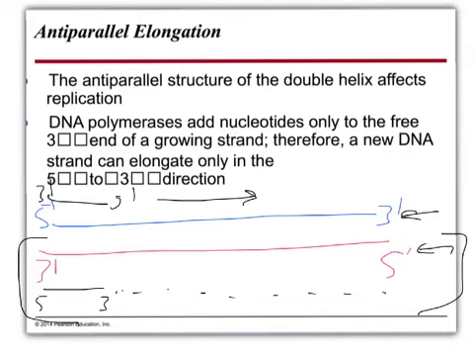And you see that's written there: DNA polymerase adds nucleotides to the free 3' end of a growing strand. Therefore, a new DNA strand can elongate only in the 5' to 3' direction.